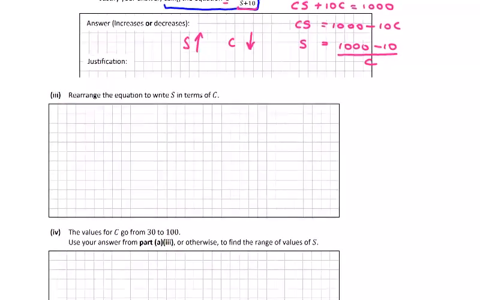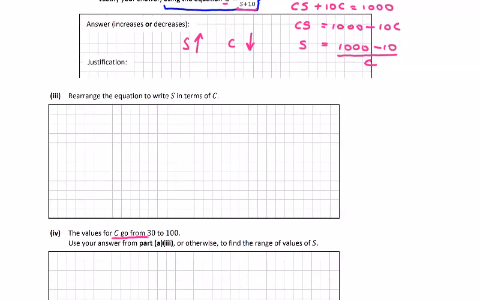And then the values for C go from 30 to 100. Use your answer from A part 3 or otherwise. Find the range of values for S. So if C is equal to 30, we get 1000 minus 10 times 30, over 30.